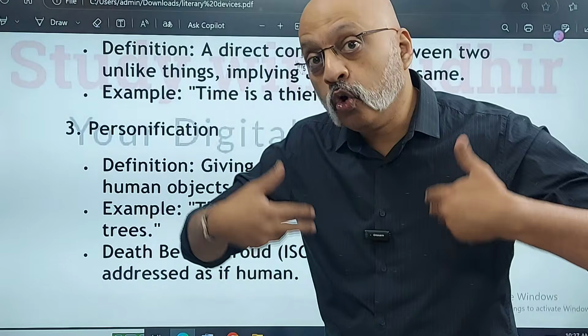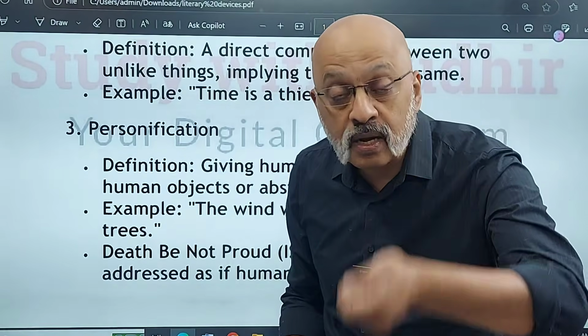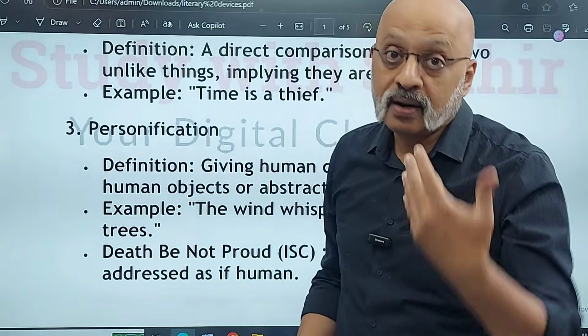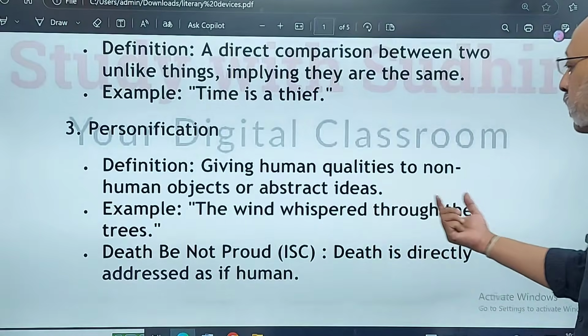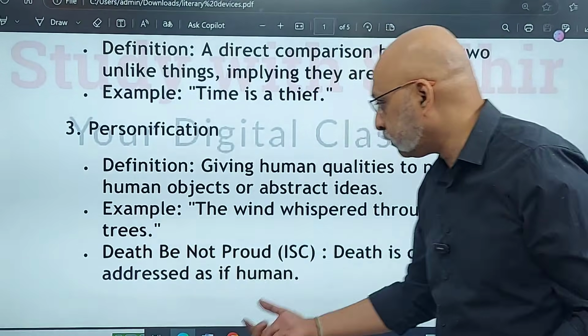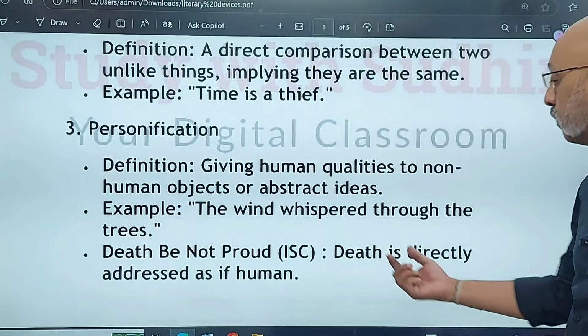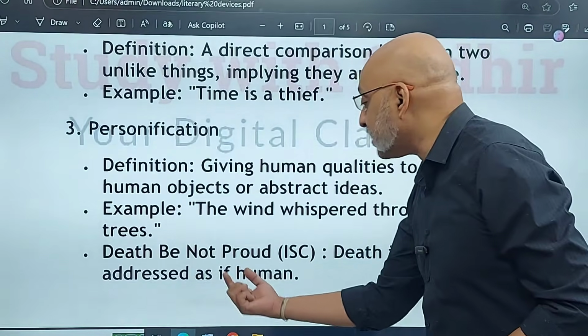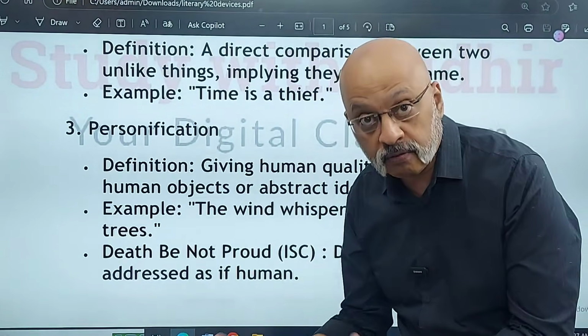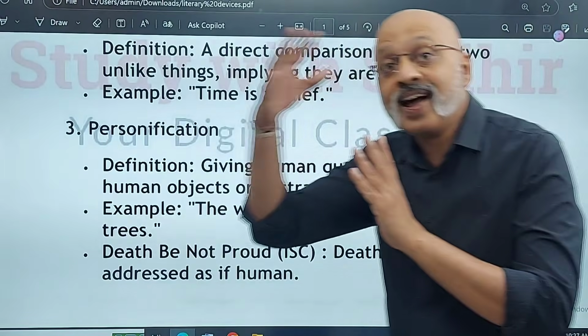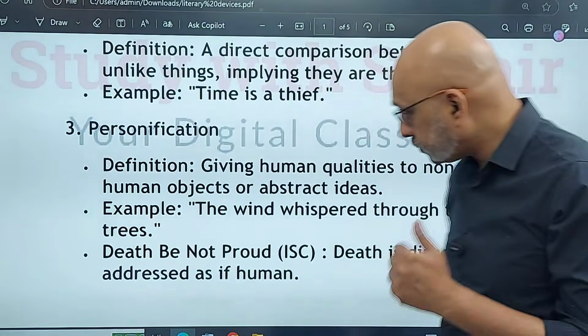So you're giving a human quality to something which is inanimate, like the wind. The wind whispered through the trees or the woods. Death be not proud, which is there in your ISC textbook. Death is directly addressed as if it is human, right? So there, death has been personified.